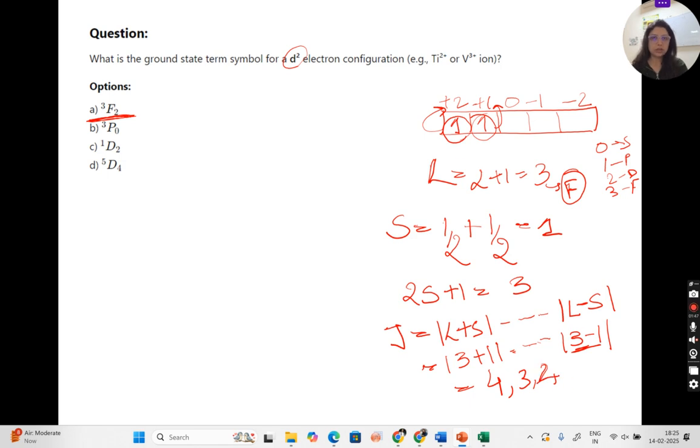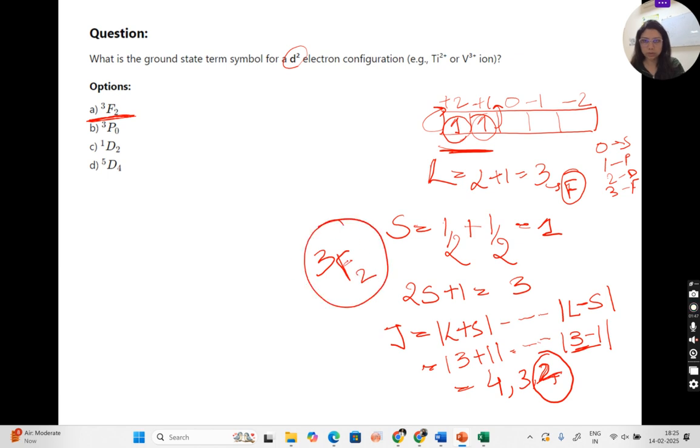As it is a case of less than half filled, we will consider the value of L minus S, which is 2. So the correct term symbol for this is 3F2, which is A here. This is the correct way to predict the term symbol.